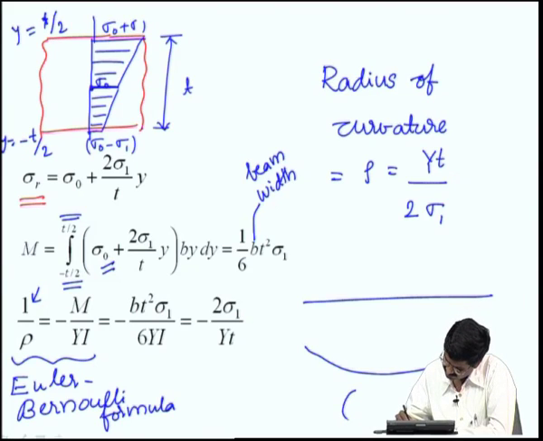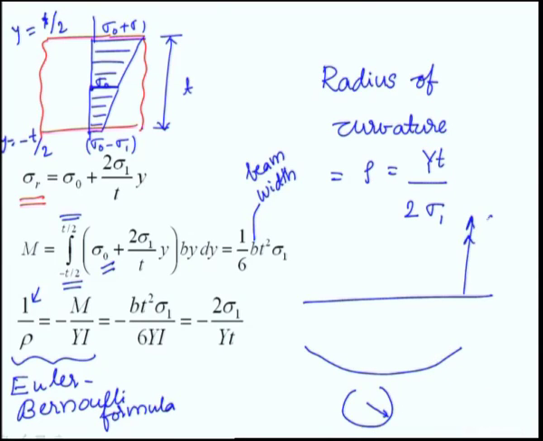But if I take this in this manner, radius of curvature is very small. In this case the radius of curvature is infinity, whereas this one may be somewhere here, somewhat larger, and here it is very small. So, when radius of curvature is small, that means that curvature is more, or bending is more, which is clear.